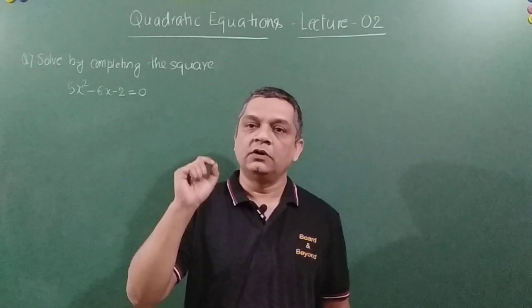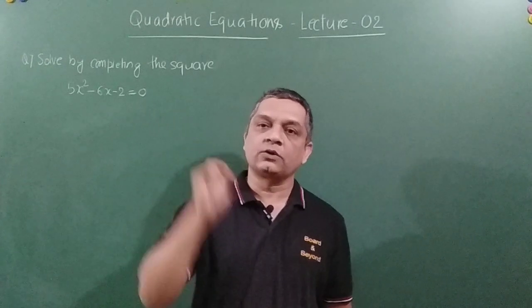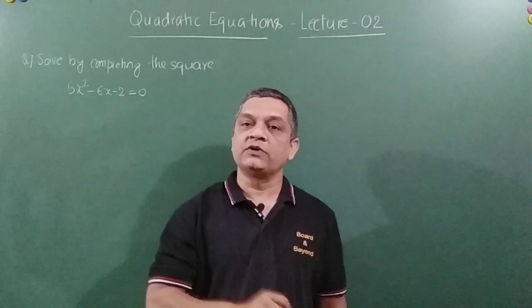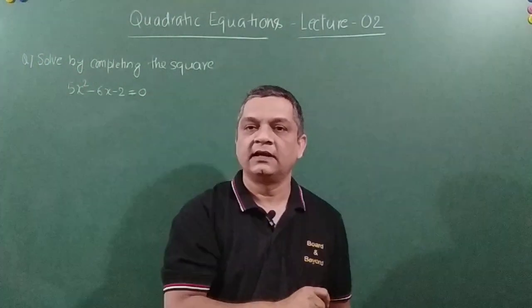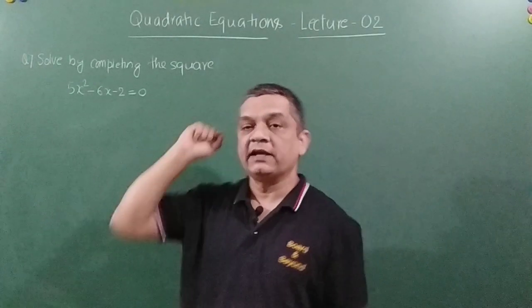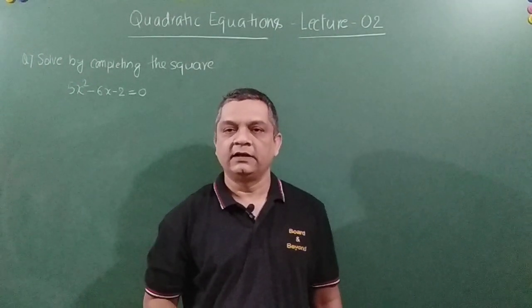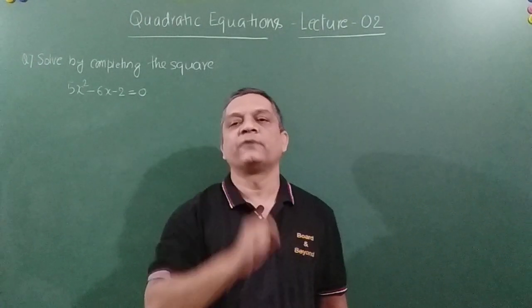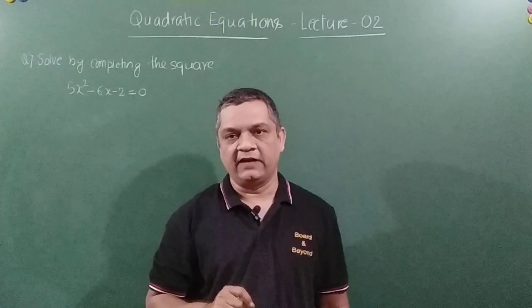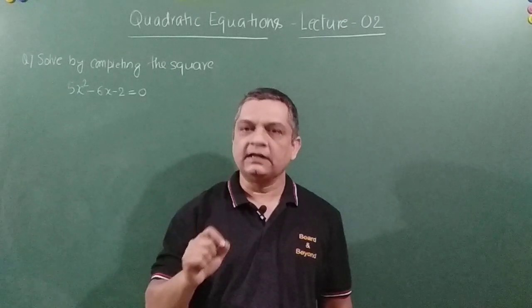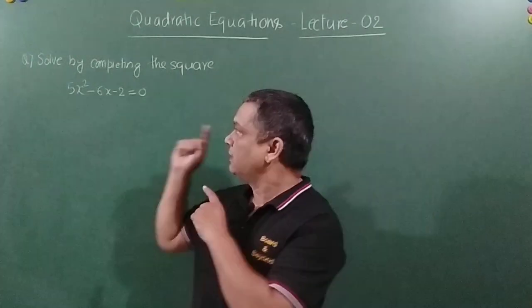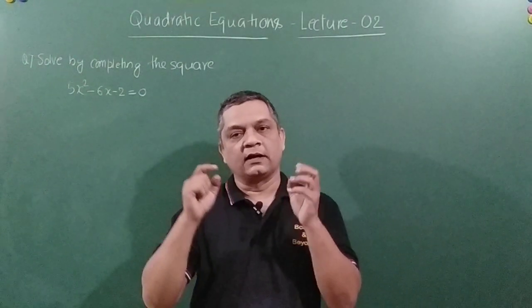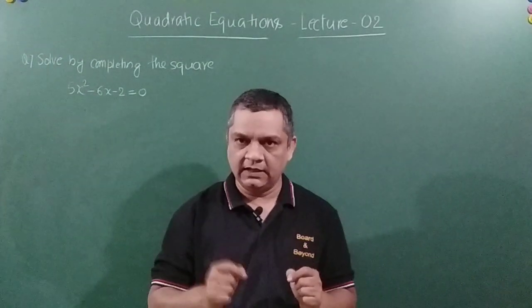Okay, so the process of finding the roots for quadratic equations which you are not able to factorize is basically by completing the square, right? So we complete the square and then we try to find the roots for that quadratic equation, right friends? So this session will have solution by completing the square, that is one thing, okay?